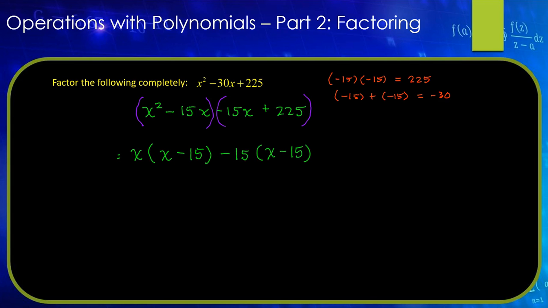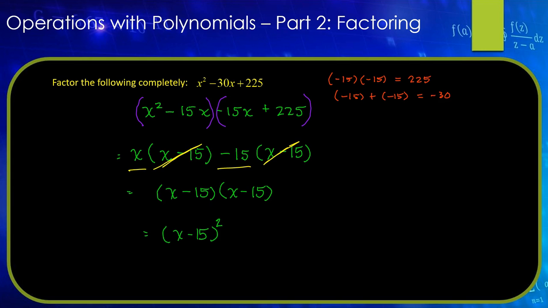And now both of these have the quantity x minus 15 being multiplied to them. So when I factor that out, I'm left with another x minus 15. So this is x minus 15 times x minus 15, which you'd oftentimes see written as x minus 15 squared, because remember, squaring means multiplying something by itself. So that's how you do that one.